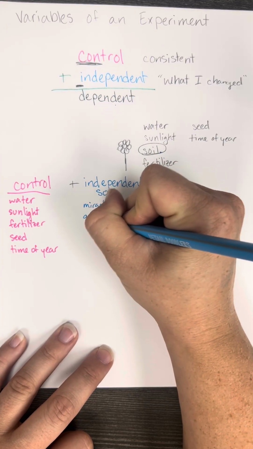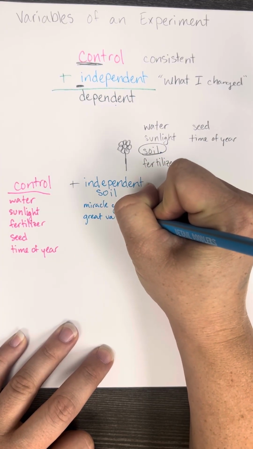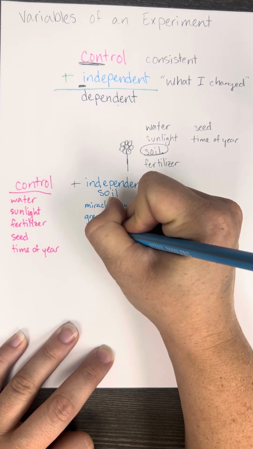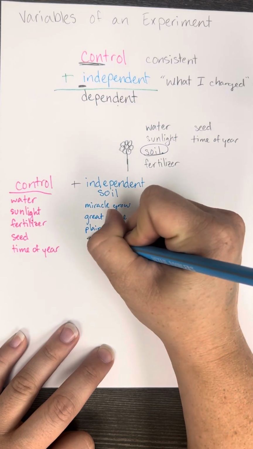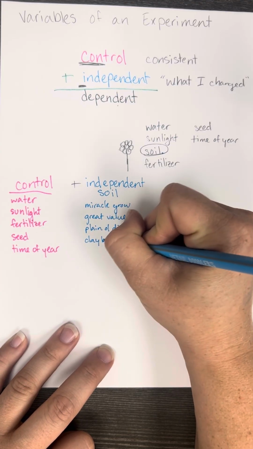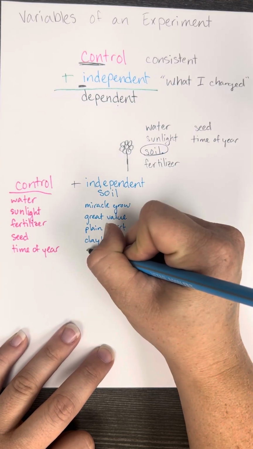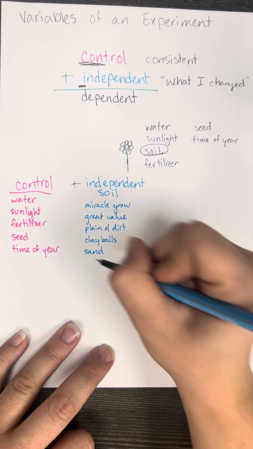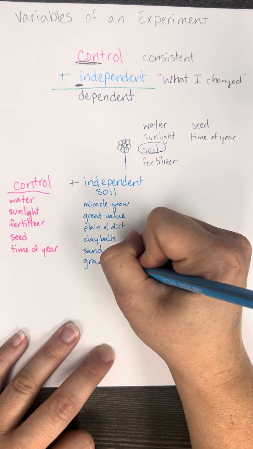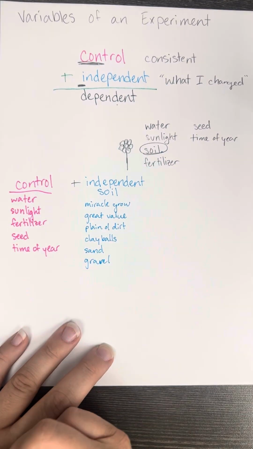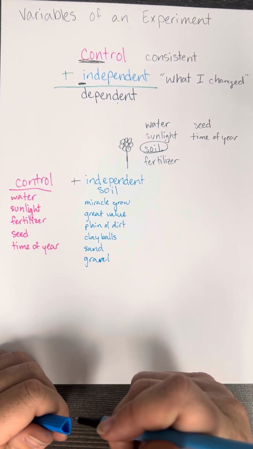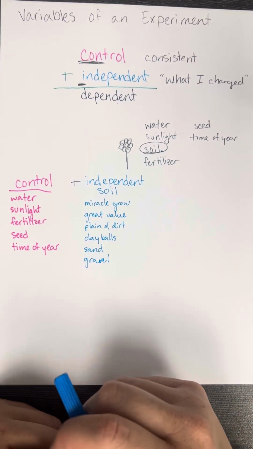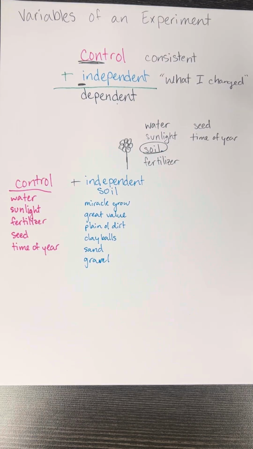The other one I have Great Value. One I just have plain old dirt. Another one we can do those clay balls. Another one we could do sand. Another we could do maybe gravel. We can just look and see all these different types of soil, and we're going to test those. So that's the one thing that's going to change, is the type of soil.